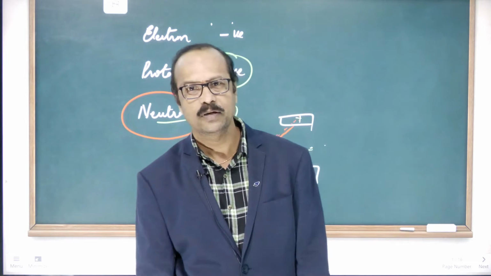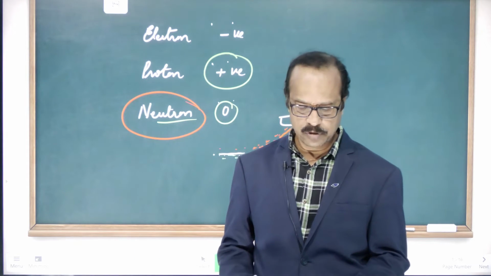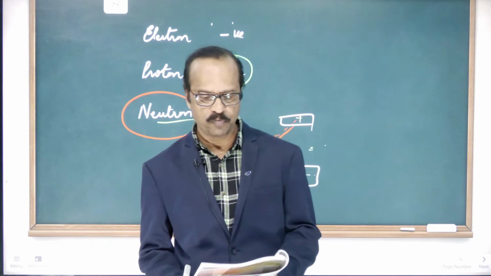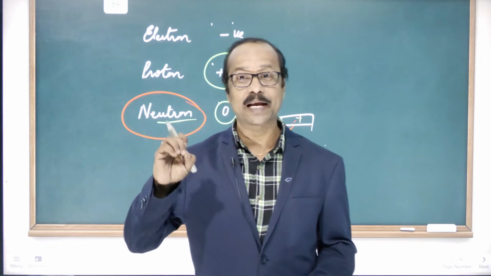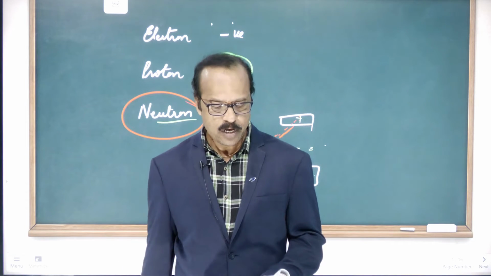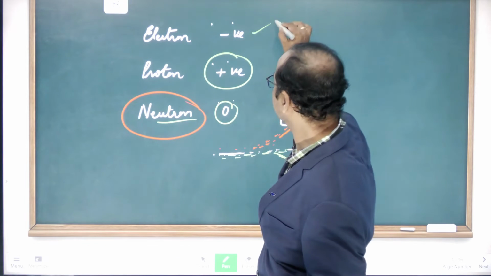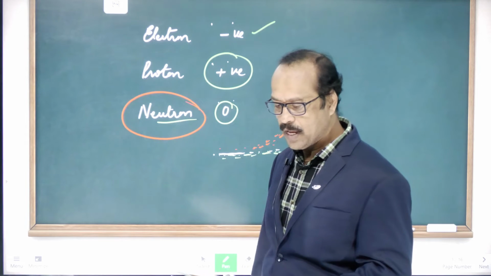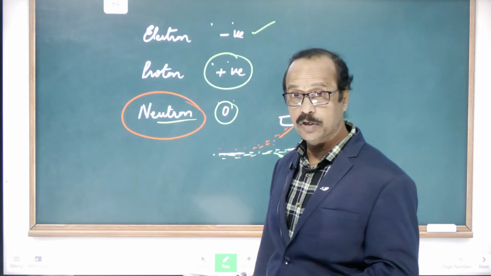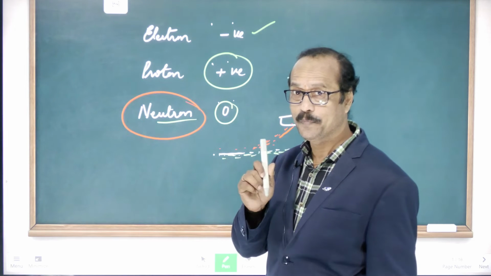Clear to you? Okay. Now the third question, on page number 22: which of the following statements about the electron is correct? It is a negatively charged particle. Yes, electrons are negatively charged particles. This statement is correct. The mass of electron is equal to mass of the neutron. No, right?